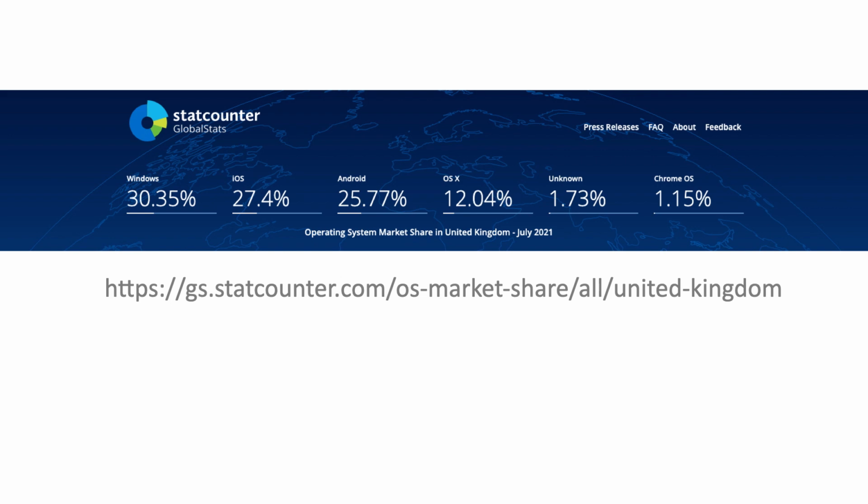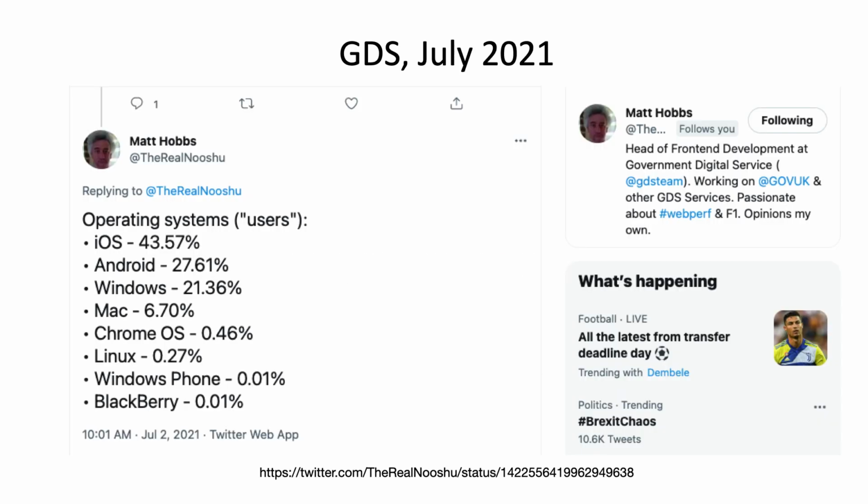And that gels pretty well with stats from the GDS, the Government Digital Services. Their head of front end, Matt Hobbs, every month tweets some stats. He said that in June, iOS accounted for 44% of traffic, Android 28%.